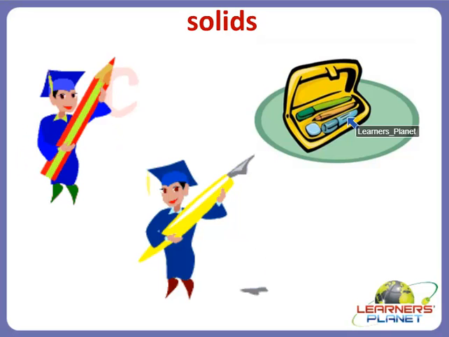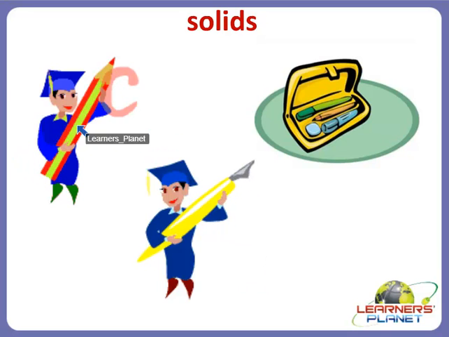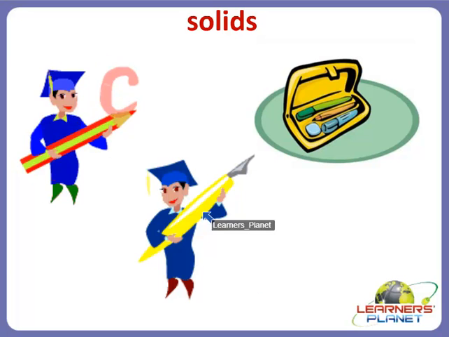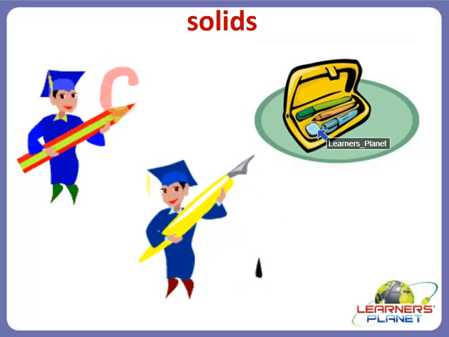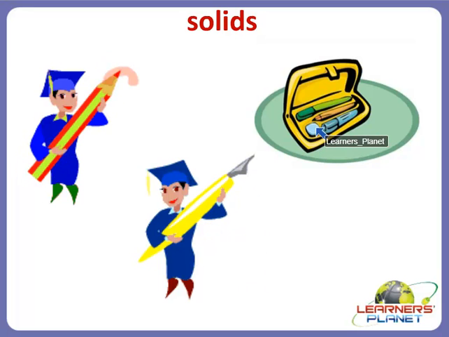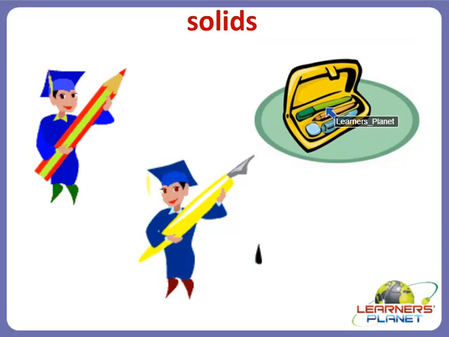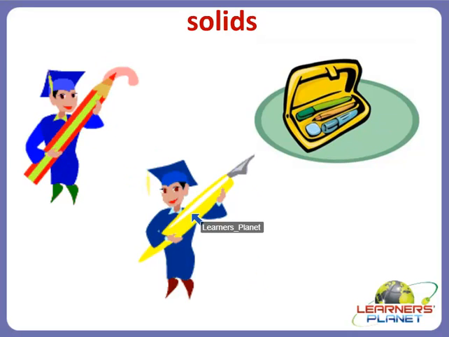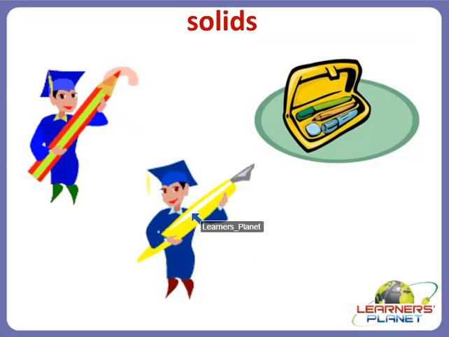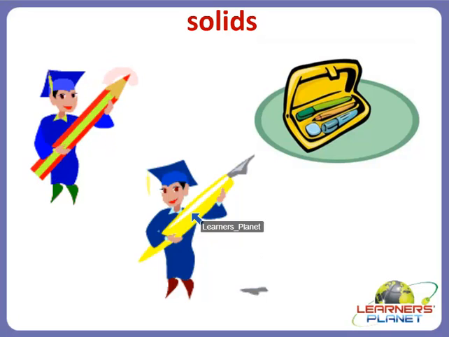So children, things such as pencil, pen, eraser, sharpener, compass box, toys, these all things have a fixed shape and they do not change their shape when moved to another container.